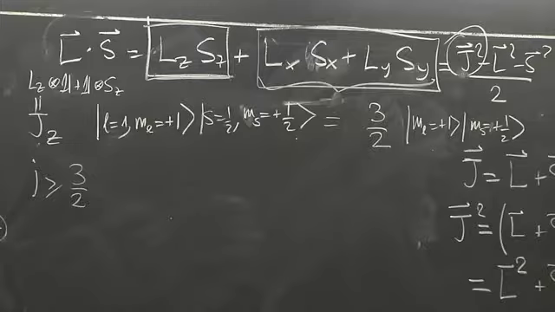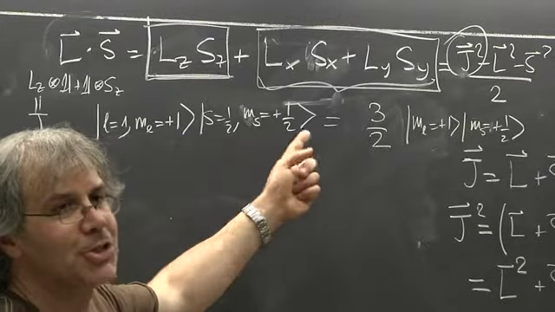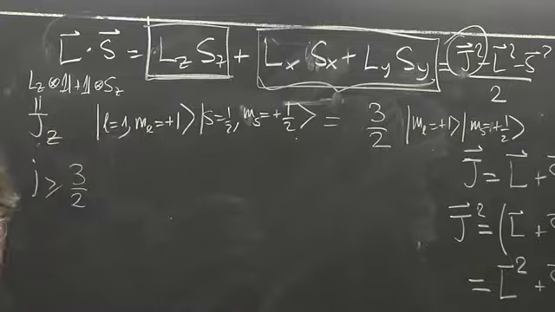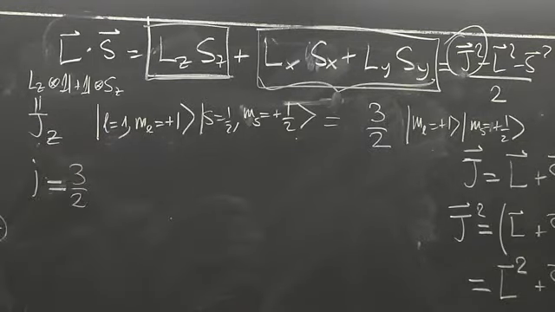But do you think that it could be higher than 3/2? Can you imagine another eigenstate of JZ with a higher value of JZ? Obviously, the answer is no. The topmost you can make is plus 1 plus 1/2. So this is the maximum JZ, which means that this must be also the value of J.